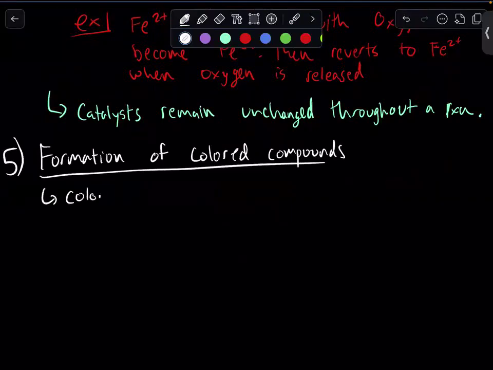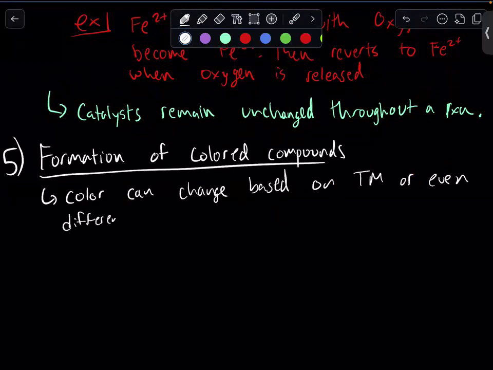So the color can change based on transition metal or even different oxidation states. So it's always the same thing. It's always going to come back to those different oxidation states.